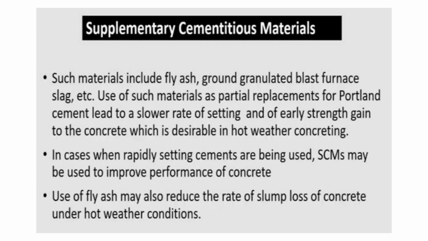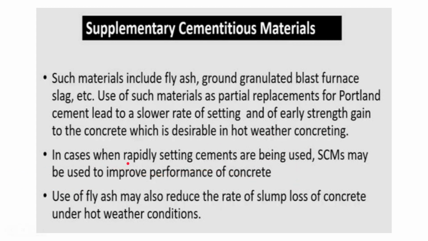Use of such materials as partial replacements for Portland cement leads to a slower rate of setting and of early strength gain of the concrete, which is desirable in hot weather concreting, okay. So that will lower the rate of setting and of early strength gain of the concrete, which is not desirable in hot weather, okay.